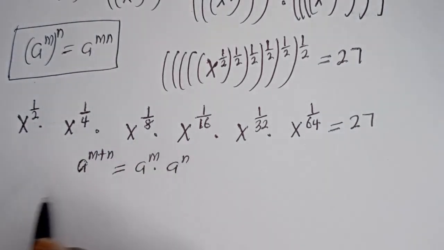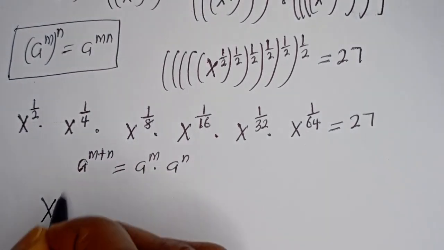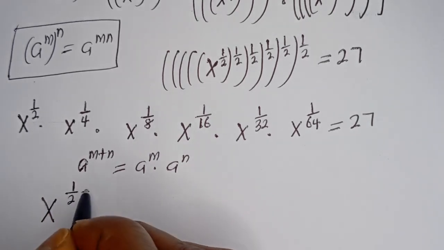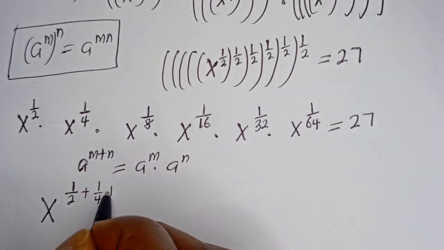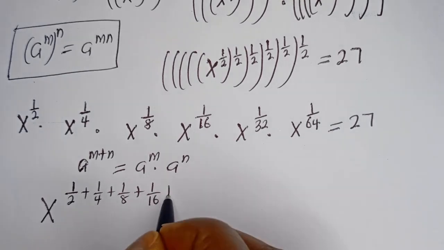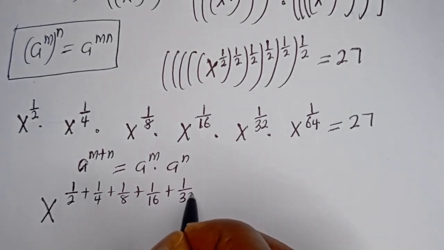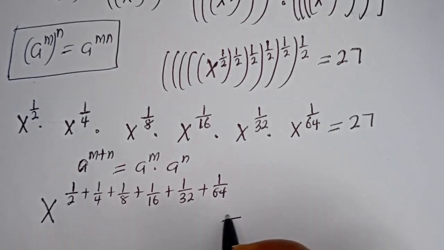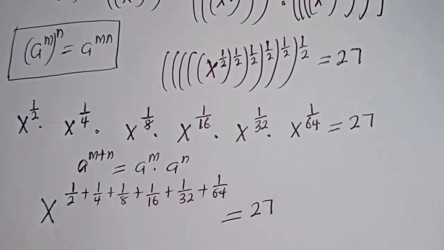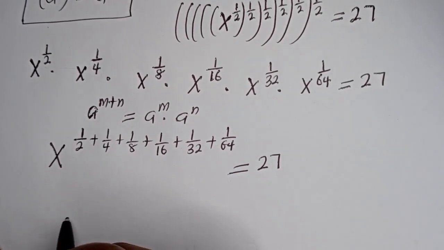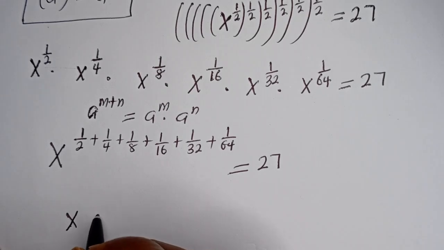So the whole of this can be written as s to the power of 1 over 2 plus 1 over 4 plus 1 over 8 plus 1 over 16 plus 1 over 32 plus 1 over 64 is equal to 27. Then the LCM here is 64.